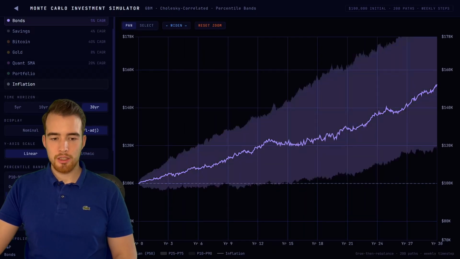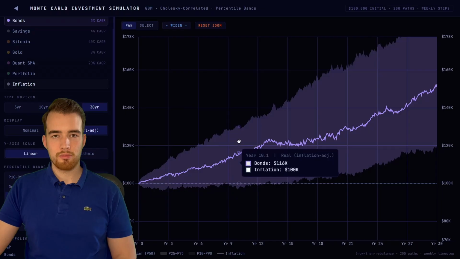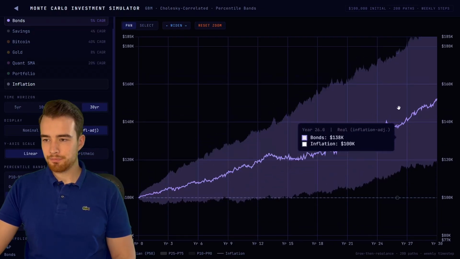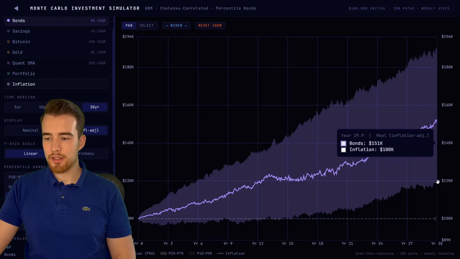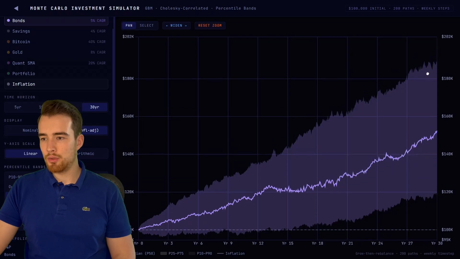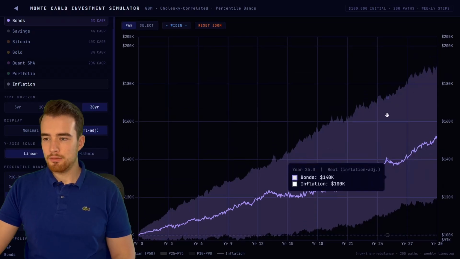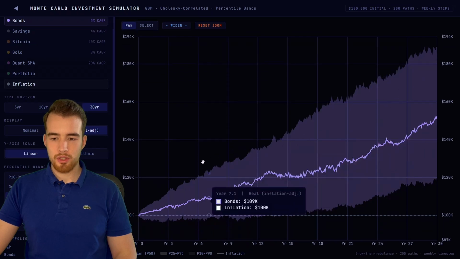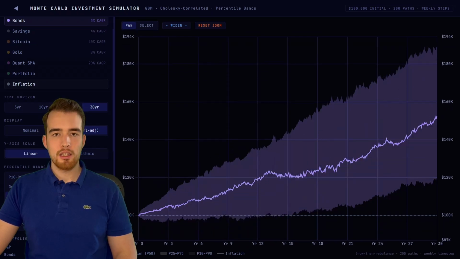Let's include the percentile bands, the inner percentile bands, basically. And then we can see that the variance after 30 years is between 20% return and around 90% return. So this sort of is a low volatility, low risk, but also lower return investment.